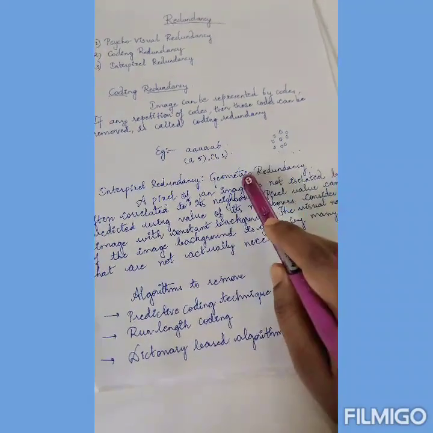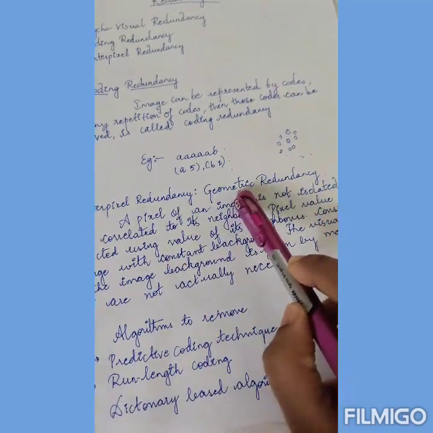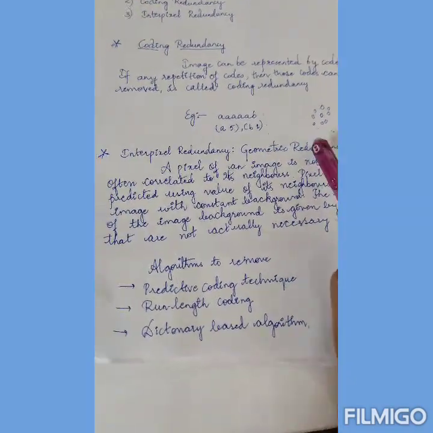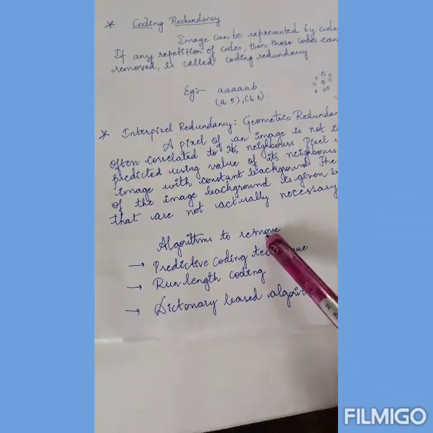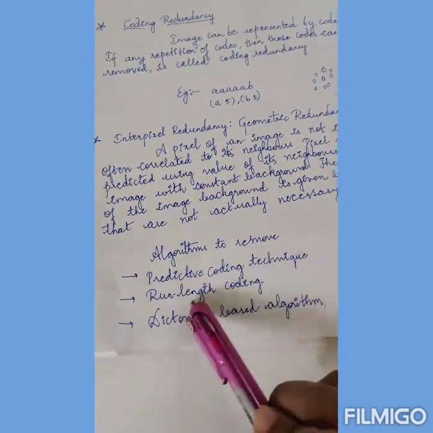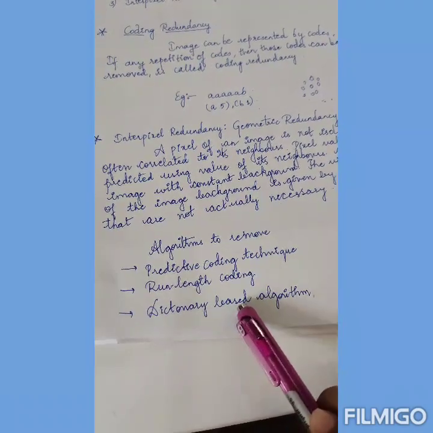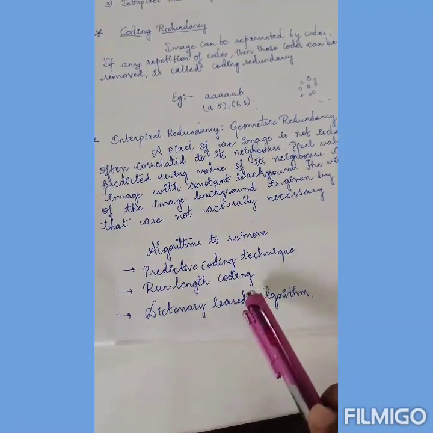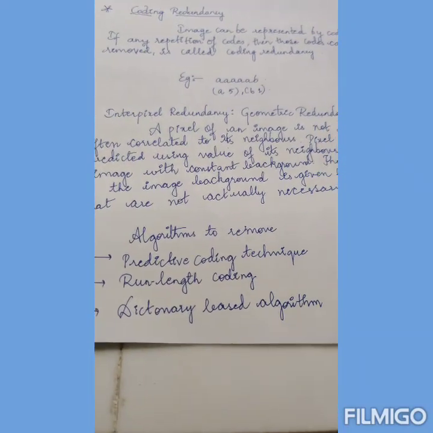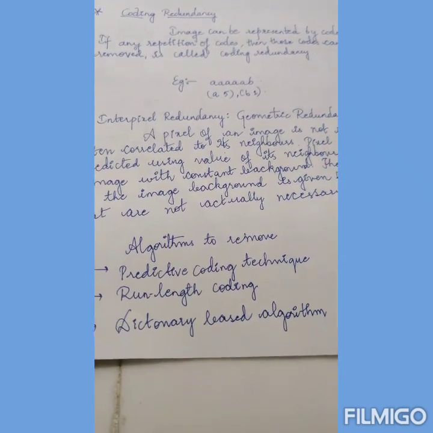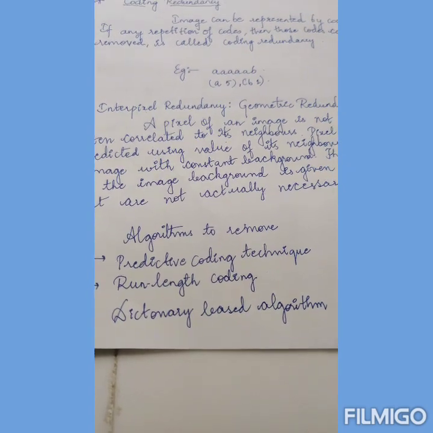Okay, it can be an objective type question: interpixel redundancy can also be called geometric redundancy. Some of the algorithms to remove this interpixel redundancy are the predictive coding technique, run length coding, and dictionary based algorithm. I'll be explaining all the methods one by one in the coming lectures.